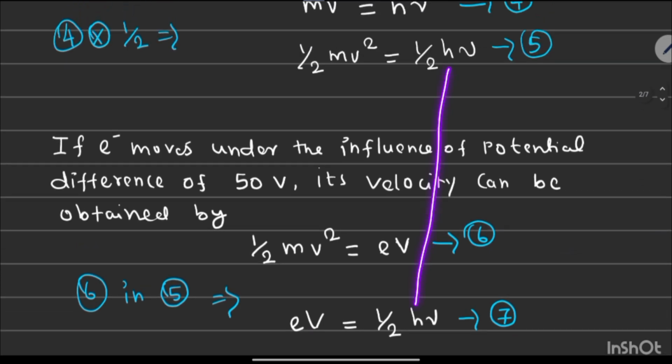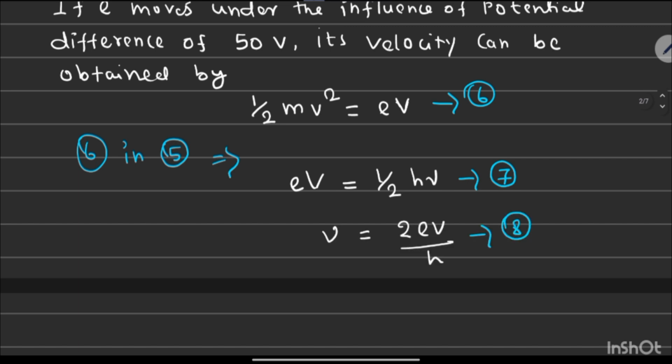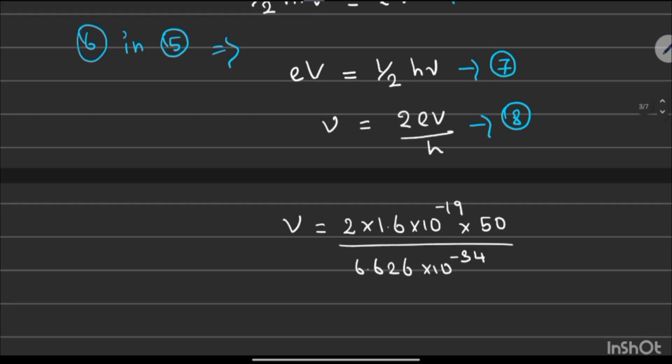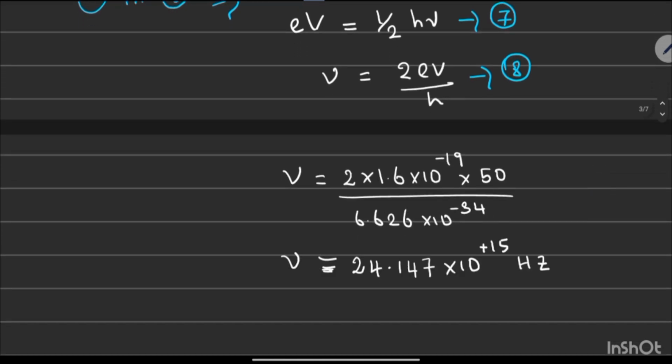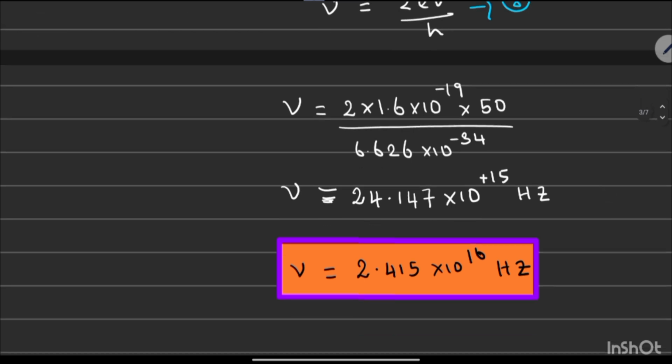So eV is equal to half h nu, and rearranging this equation, one will get the frequency as 2eV by h. Putting all the constant values, one will get the frequency as 2.415 into 10 raised to 16 hertz. So this is the answer.